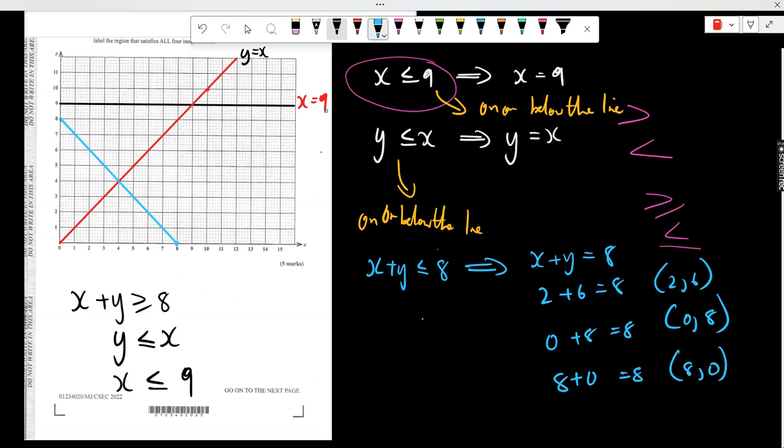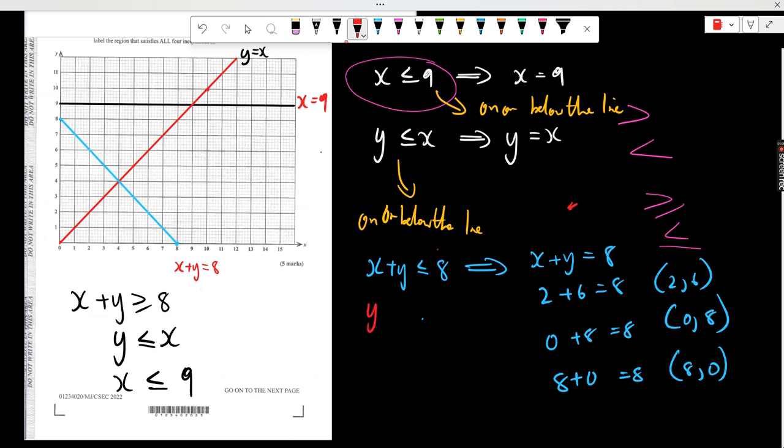So that blue line that I just drew is the line x plus y equals 8. But what am I interested in for the inequality? Sometimes it's a little bit difficult to realize when we have the inequality in this form. So let's do this.